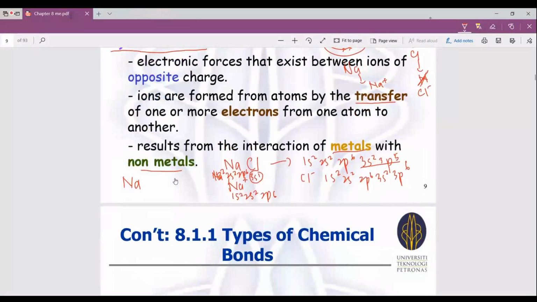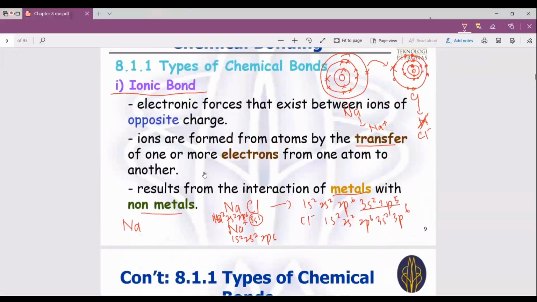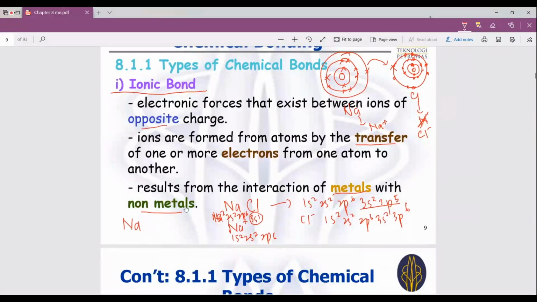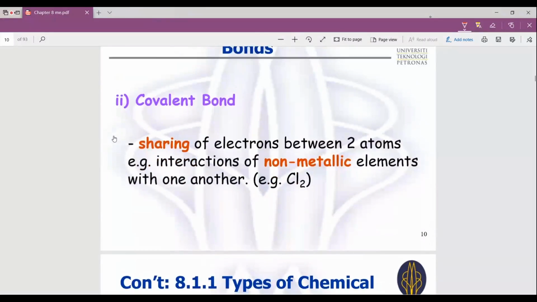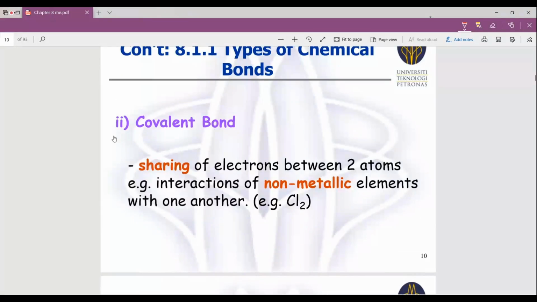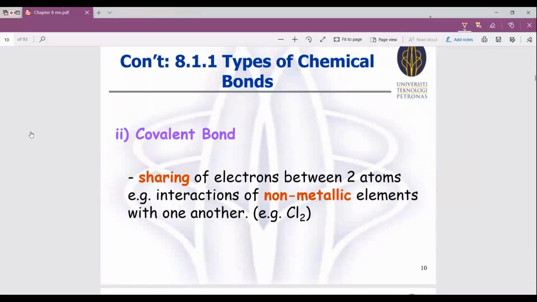Now we look at the covalent bond. Remember, ionic is between opposite charges, positive and negative, like NaCl, Na+ and Cl-. Covalent is sharing electrons between a non-metal and a non-metal. A covalent bond is weaker compared to an ionic bond.